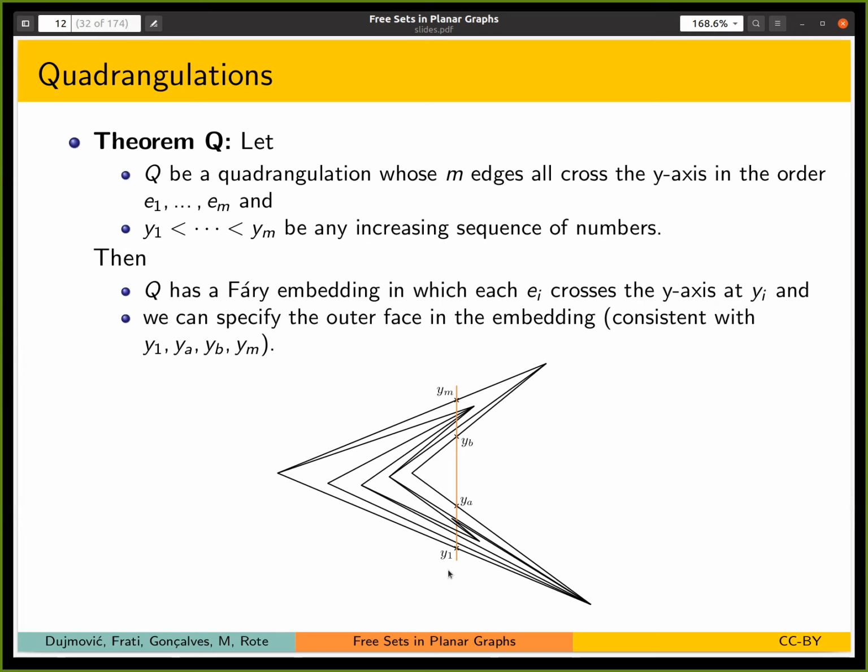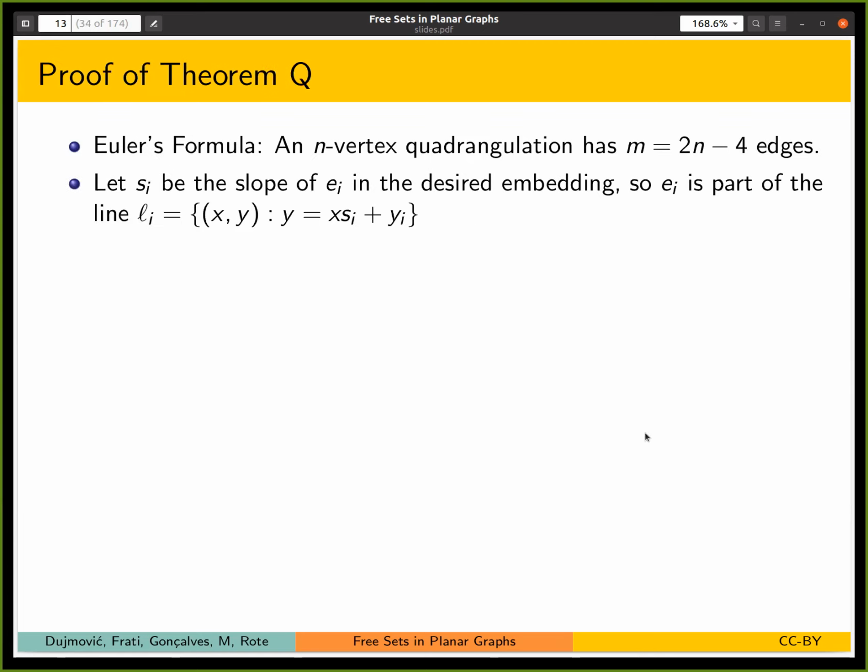I know where it crosses the y-axis, and I know its slope, so I know what line it's contained in. Every vertex is incident to at least 2 edges, so if I know the 2 lines that contain those 2 edges, I know exactly where that vertex has to be: it's at the intersection of those 2 lines. Okay. So a solution to this problem is just the sequence of slopes of those edges that cross.